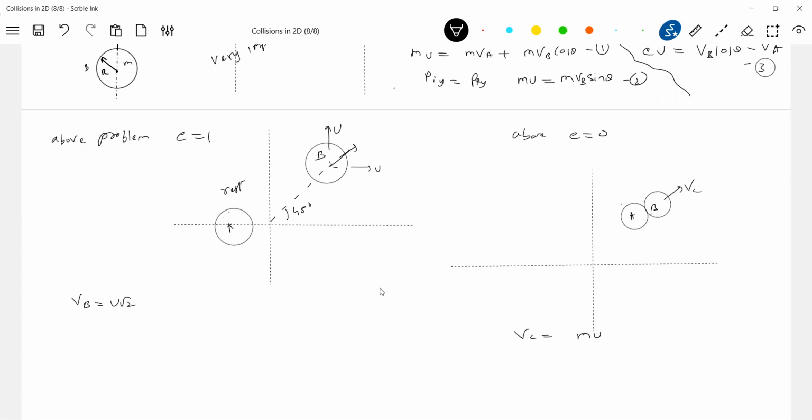It should be equal to (mu i cap plus mu j cap) by (m plus m), so this should be u by 2 (i cap plus j cap). Analysis is very important.